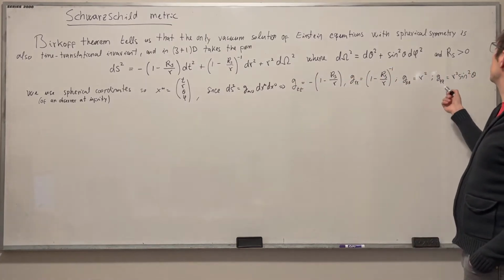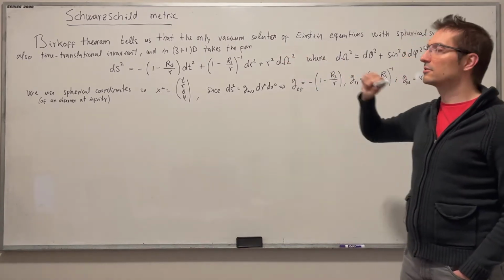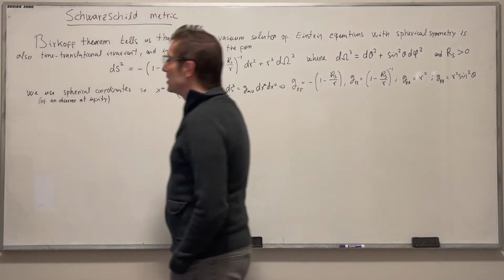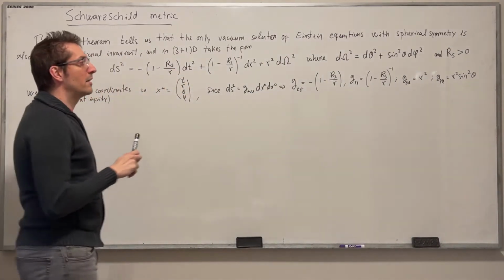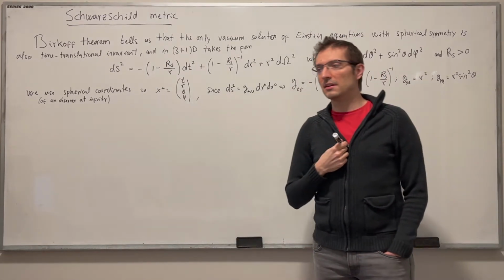And g phi phi is what multiplies d phi squared, which is r squared sine squared theta. This metric is diagonal. You see there are no cross terms, so all the other components of the metric are 0.